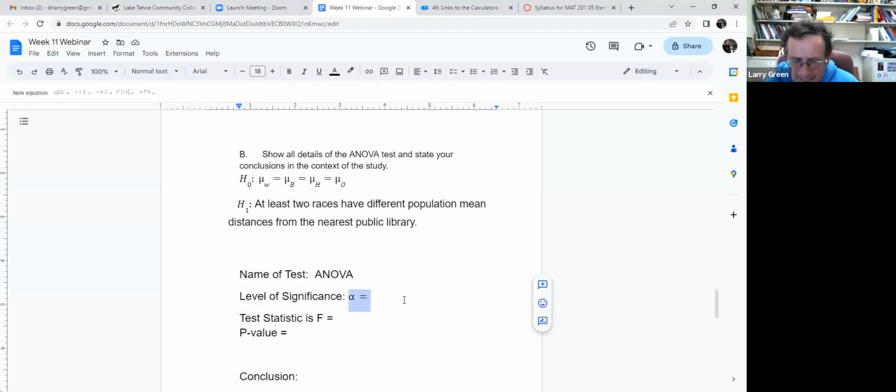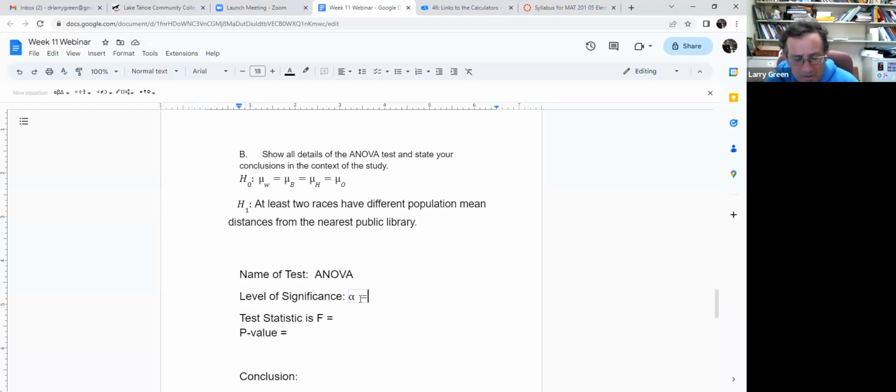All right, what do you think level of significance? What would the appropriate level of significance be for this particular test? For this hypothesis test, what's the appropriate level of significance? Thoughts?